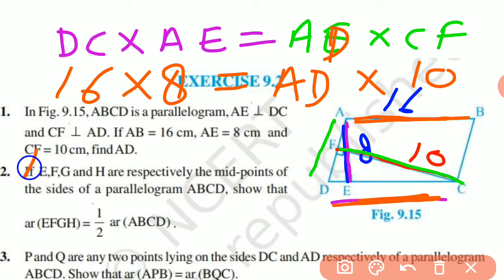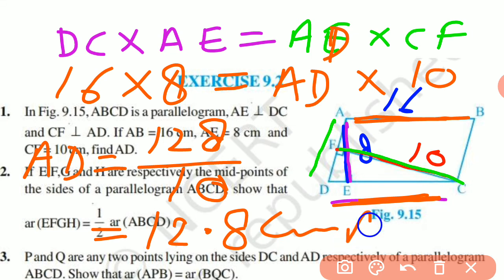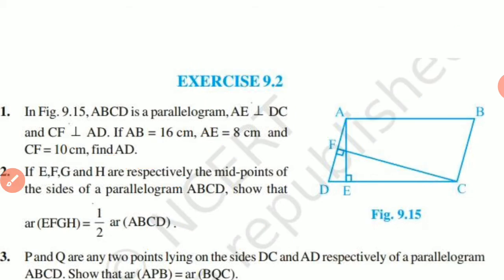So we can write AD equal to 16 into 8, 128 upon 10, and this is equal to 12.8 centimeters. Answer. Similarly, we can solve the other questions.